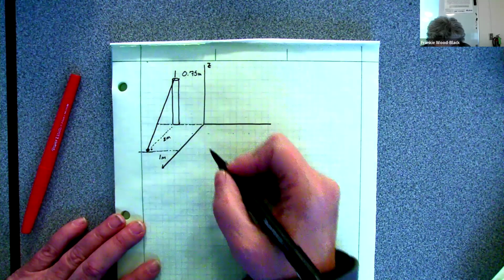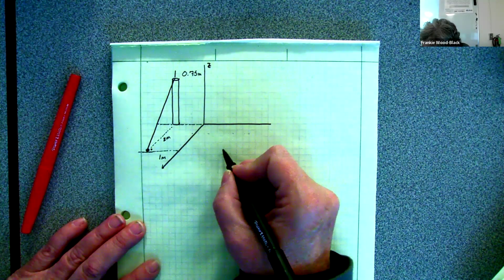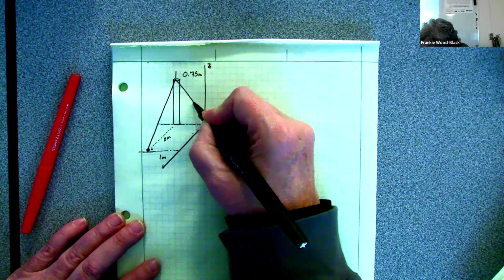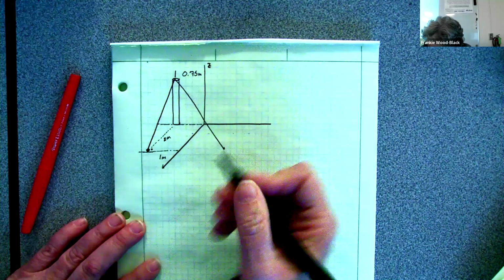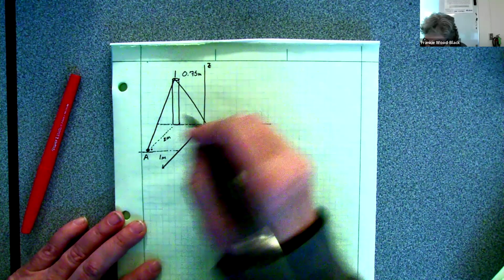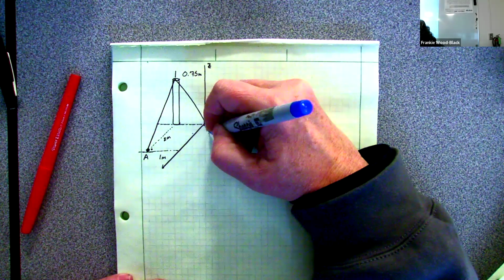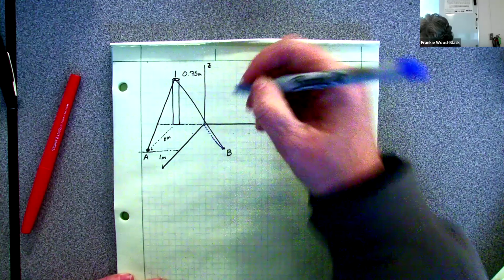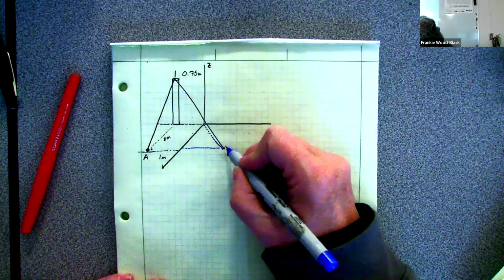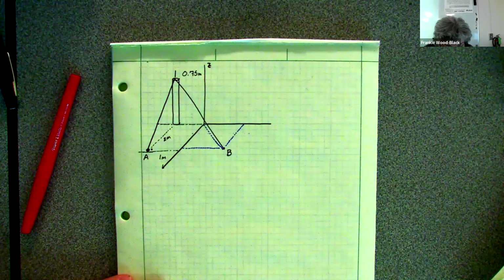I've got another one. Okay, so this is point A, this is point B. And we're told for this one, so you all get to learn how to draw in all kinds of fun dimensions.